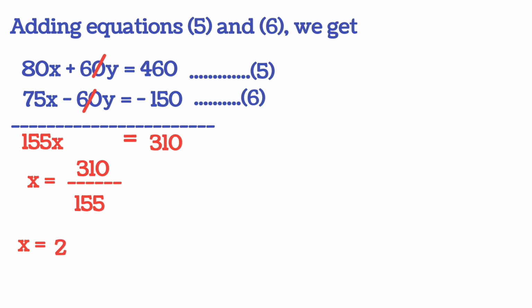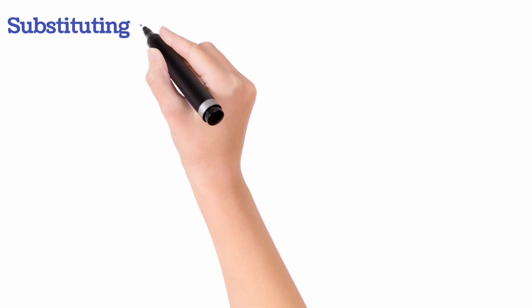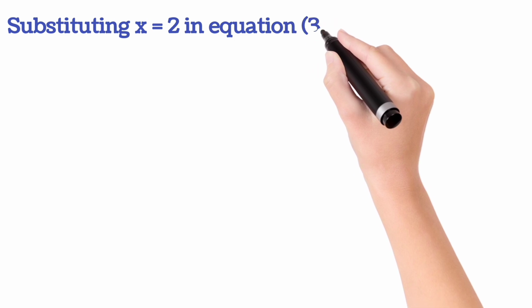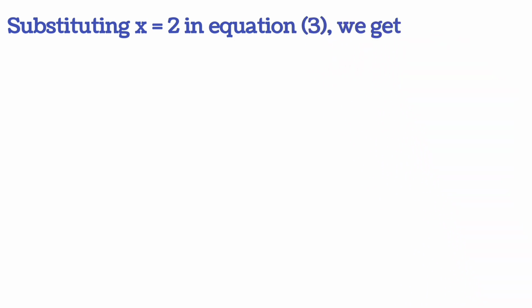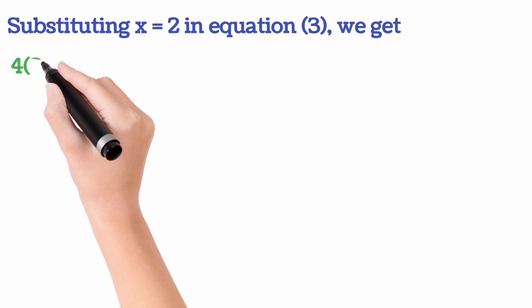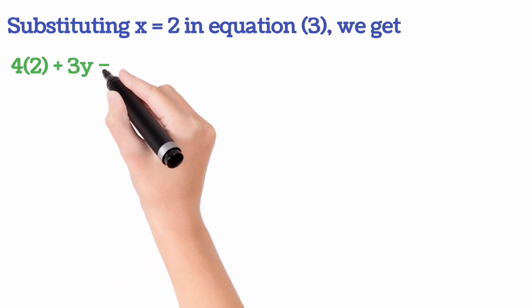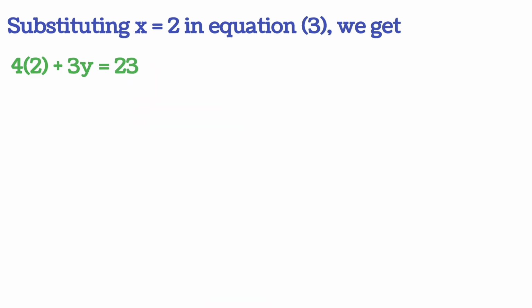We can put this value of x, 2, in any equation to find the value of y. So I am putting it in equation number 3. Substituting x equals 2 in equation 3, we get 4x, so 4 into 2, because the value of x is 2, plus 3y equals 23.